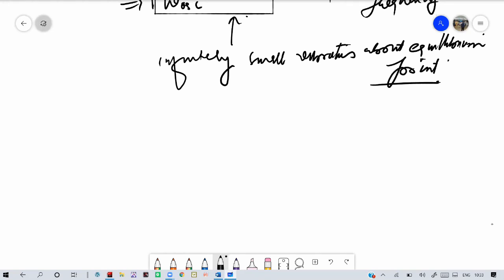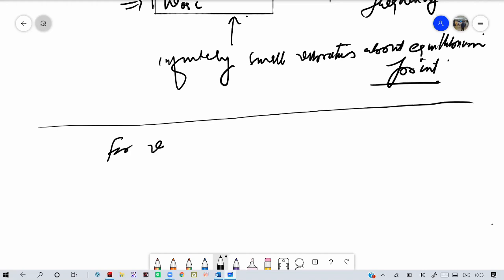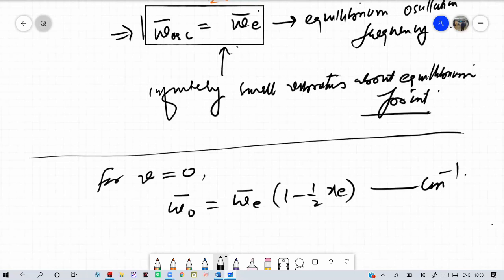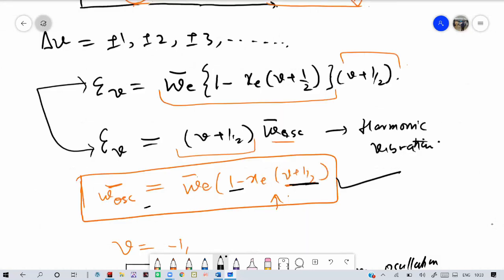So for now, take the different states. For nu equal to 0, omega naught will be equal to, from this, omega oscillation becomes omega naught in this expression.